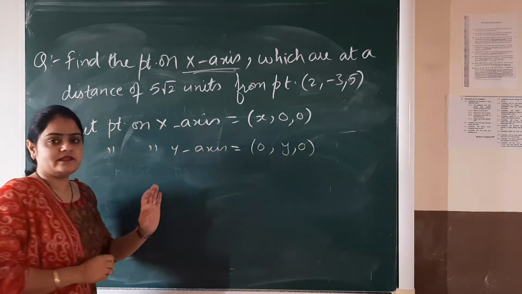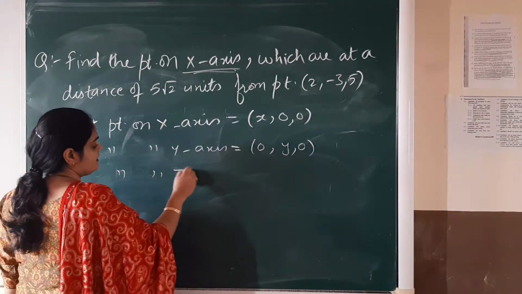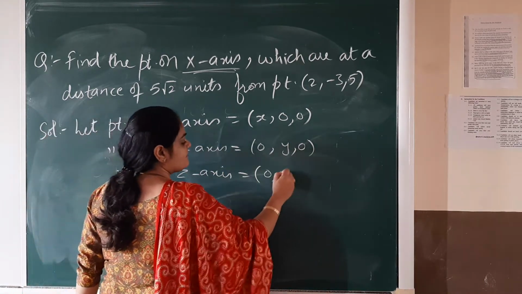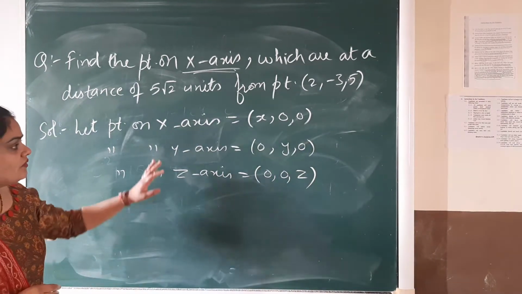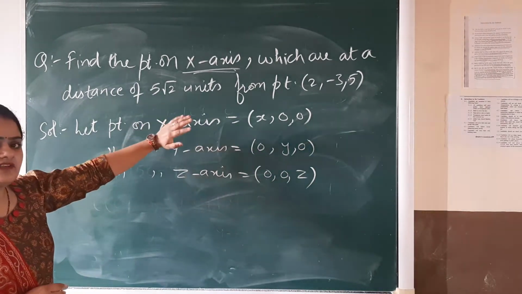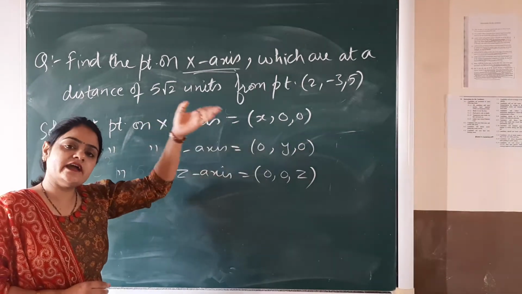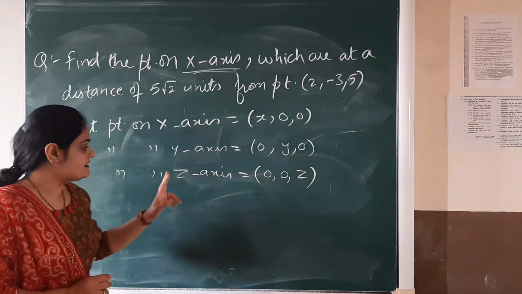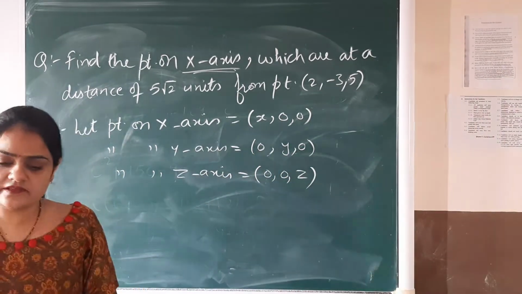So it will be in the form of (0, y, 0). And similarly, we can find the point if it is lying on the z-axis, whose x and y coordinates are 0 and the z coordinate is z. So this is the form whenever the point is lying on the x-axis. On the x-axis means y and z coordinates are 0. On the y-axis means x and z coordinates are 0. On the z-axis means x and y coordinates are 0.